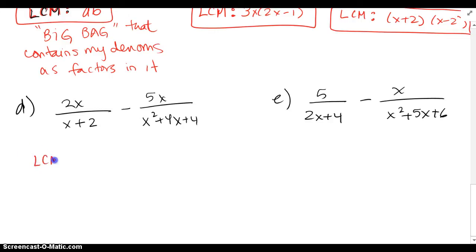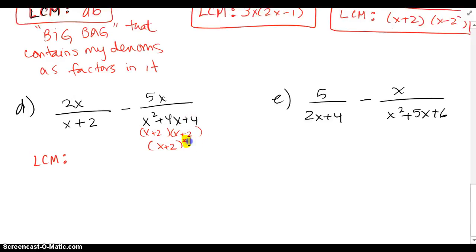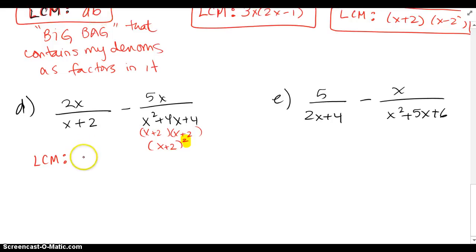So LCM, again, requires me to factor first. This guy is okay. This guy I can factor as x plus 2 and x plus 2, which really ultimately under that denominator can be rewritten as x plus 2 squared. So pay attention to that squared, which means I have two of them identical under the same denominator. So the LCM is x plus 2 because I see that factor right here.